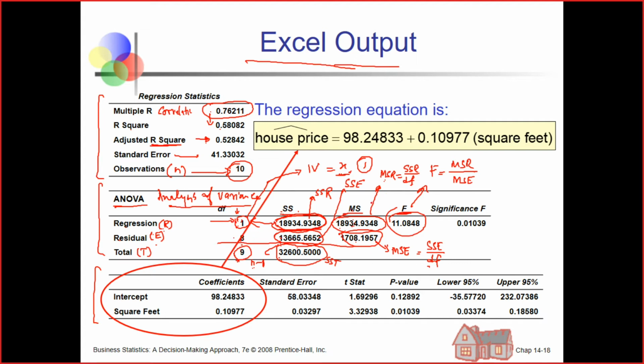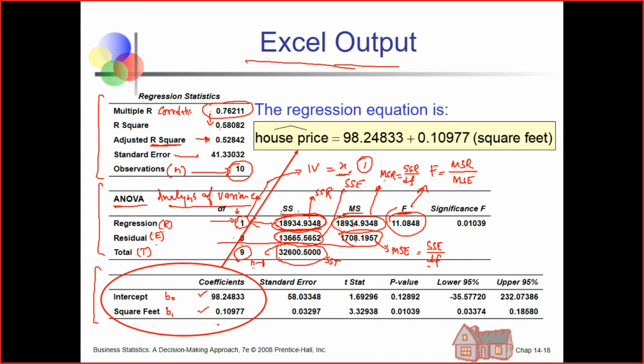So by this we calculate many things, and we analyze and interpret at the end. Now what we are looking for are B0 and B1. If you remember, we calculated B0 around 98.24, and then with the help of the formula we got B1 around 0.10977.